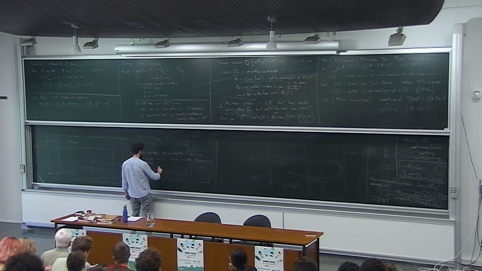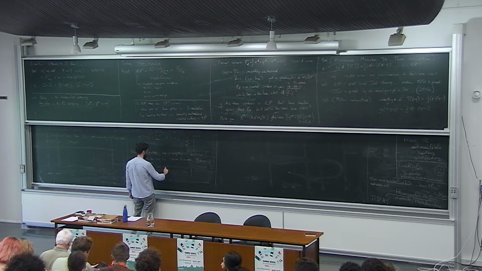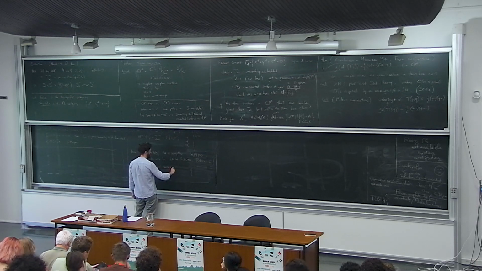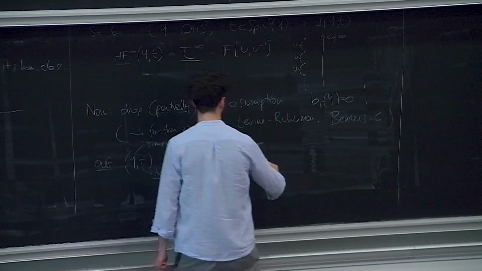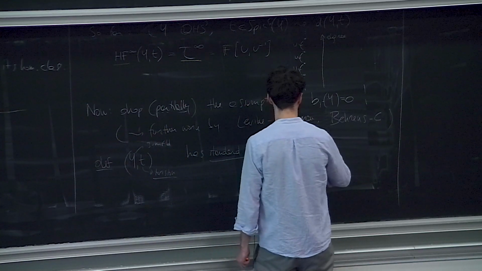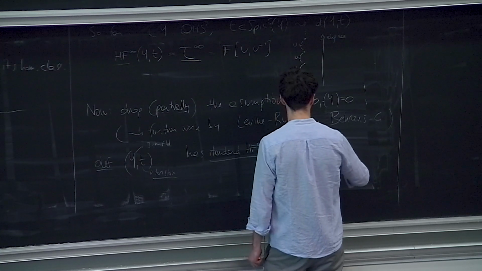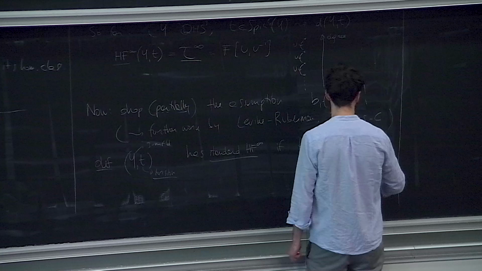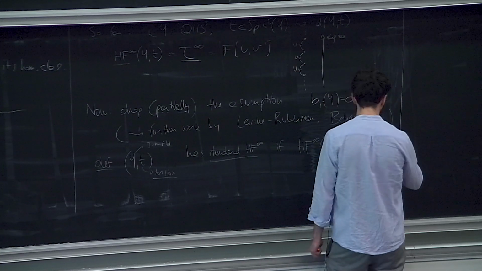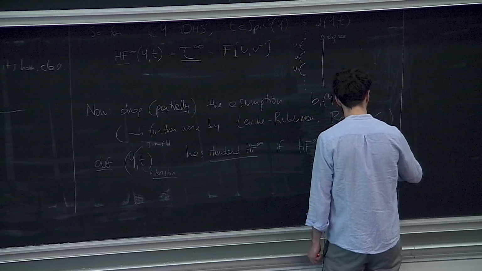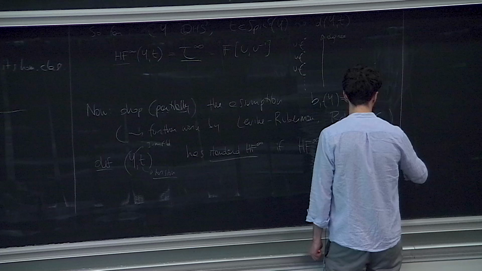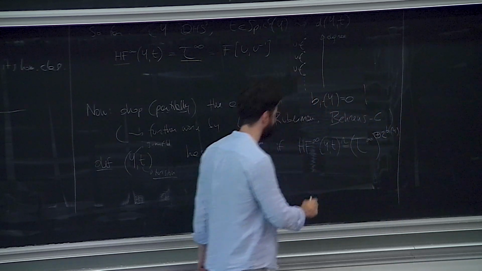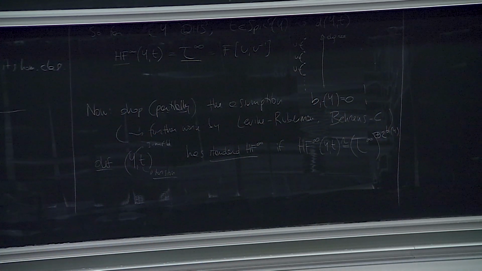We say that this has standard HF infinity if HF infinity of (Y,t) is isomorphic to a tower, well, not to one tower, but to 2 to the b1 of Y towers. Every time I add b1, I double the number of towers.